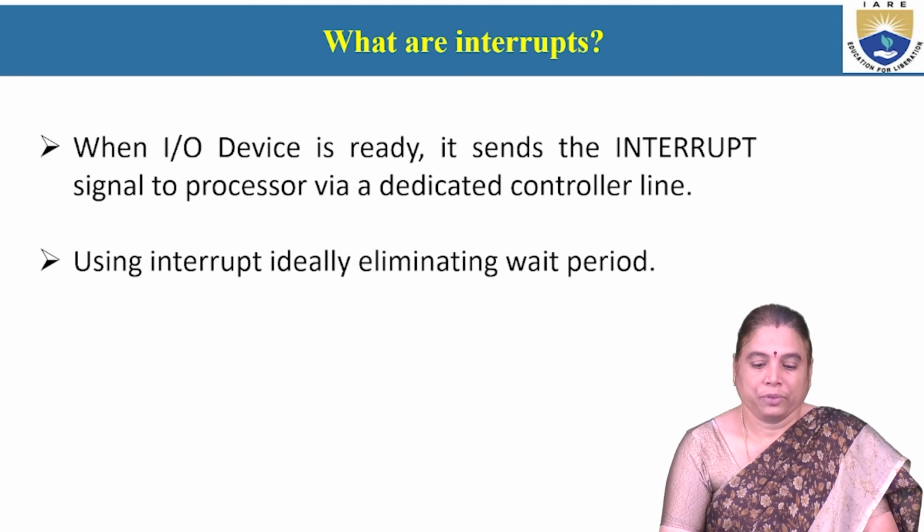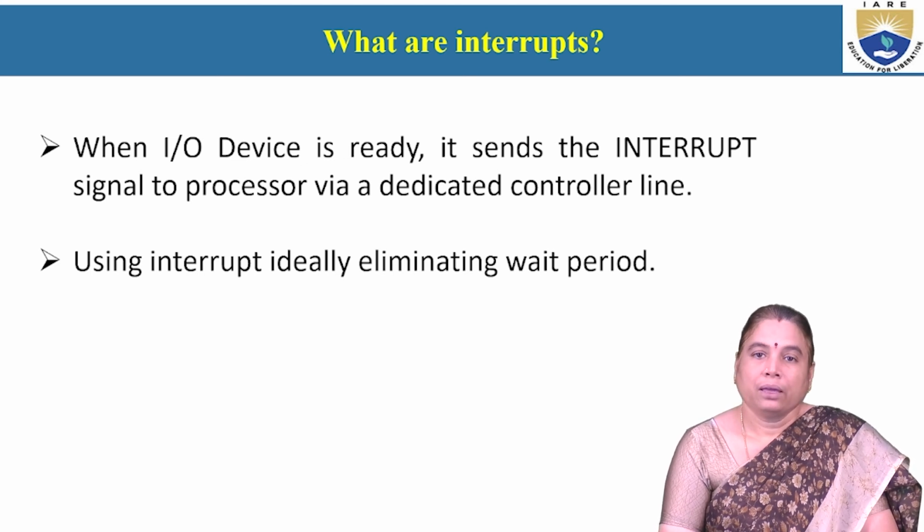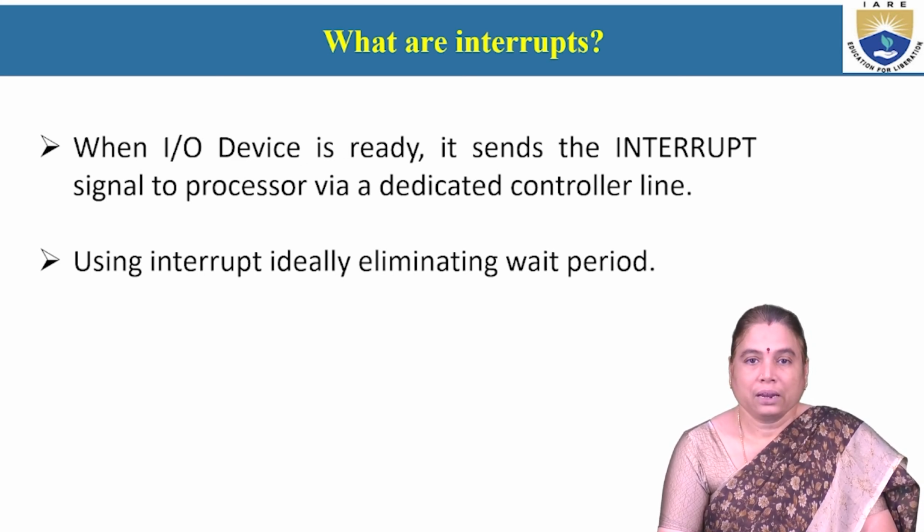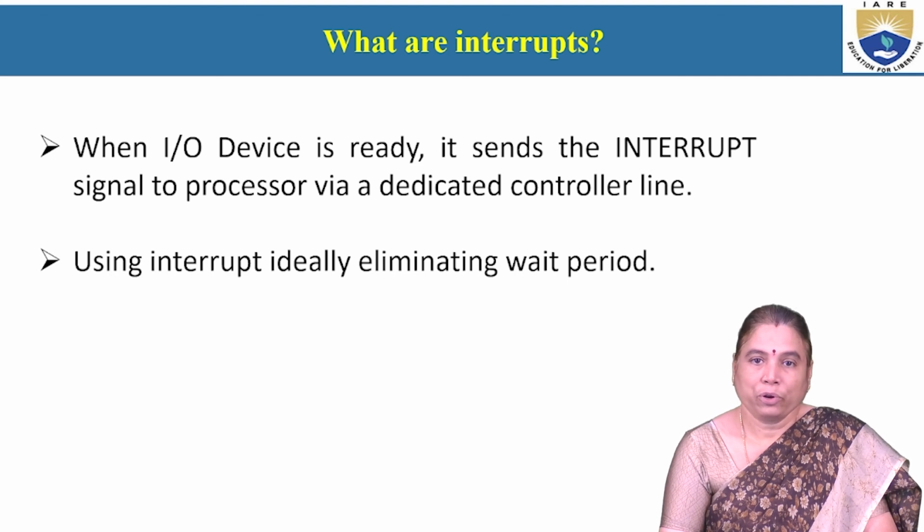What are interrupts? An interrupt is a signal that can be raised by the input-output devices when they require service. When an IO device is ready, it sends the interrupt signal to the processor via a dedicated control line.